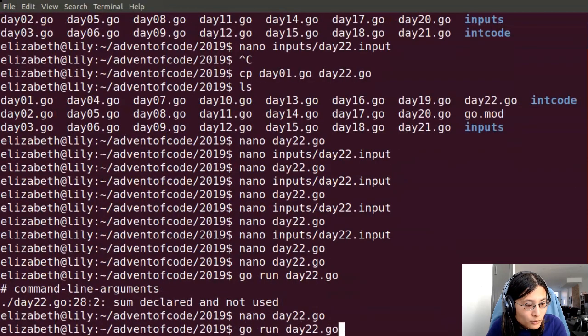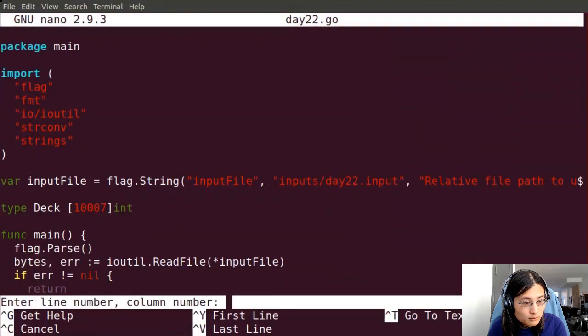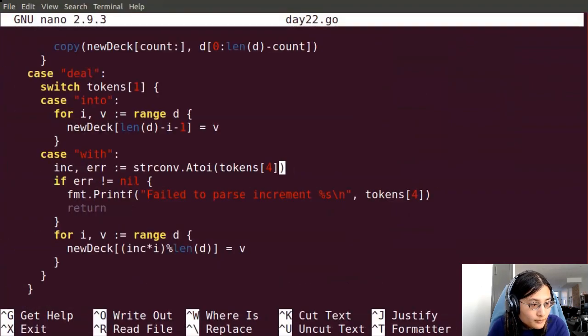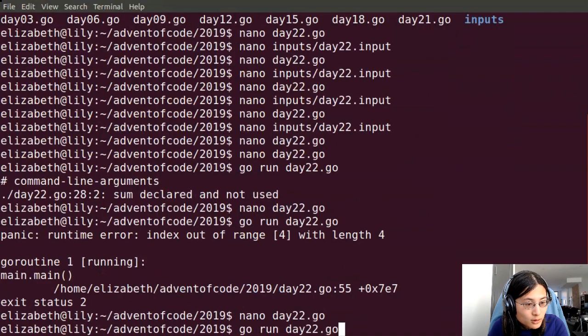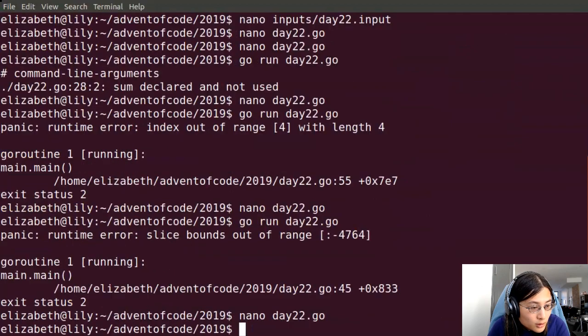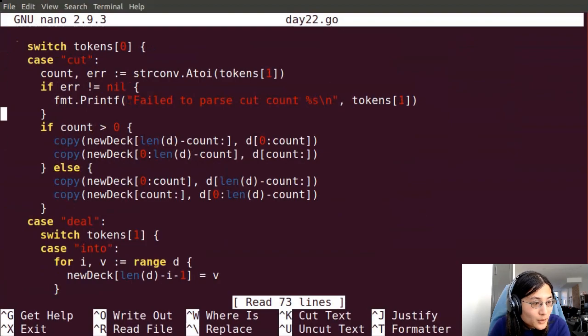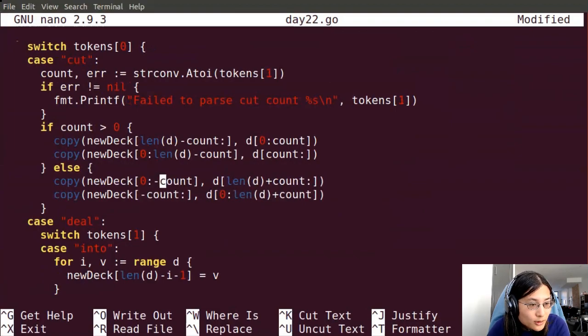Declare sum. Out of range. Oh, whoops, 0 indexed, of course. And negative 47. Oh, right. Because count is negative. So that needs to do that.